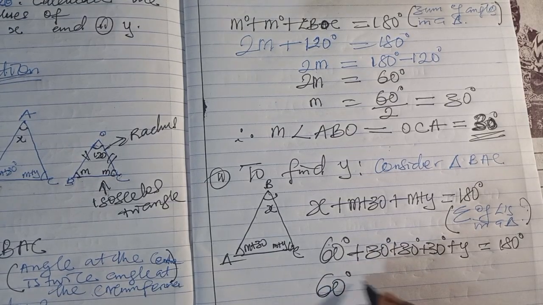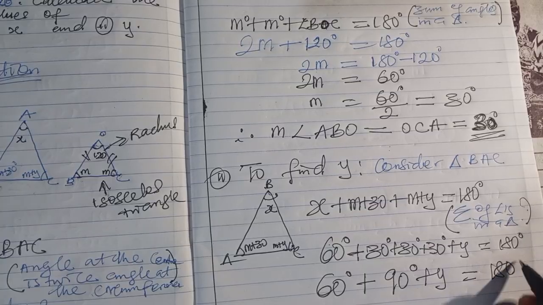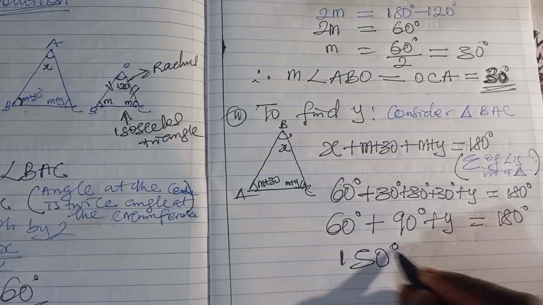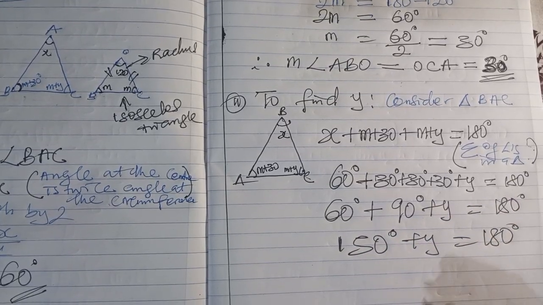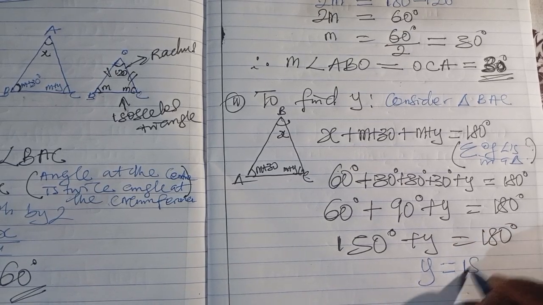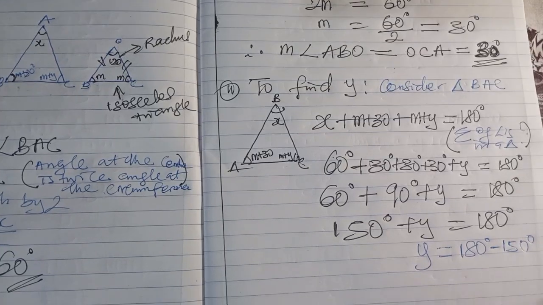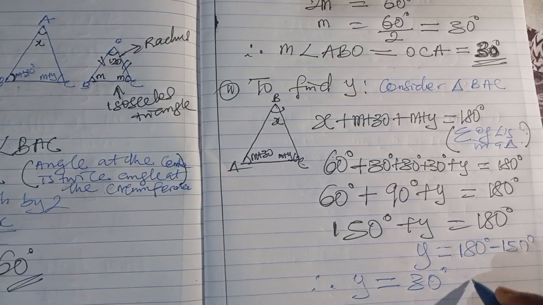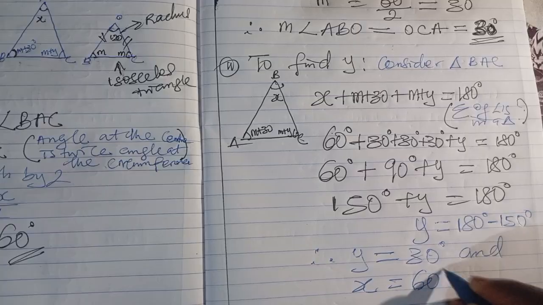So you have 60 degrees plus 90 degrees plus y will give us 180. We have 150 degrees plus y is 180 degrees. We can now find y by subtracting 150 from both sides. So y is 180 degrees minus 150 degrees. Therefore, y is equal to 30 degrees and x is 60 degrees.